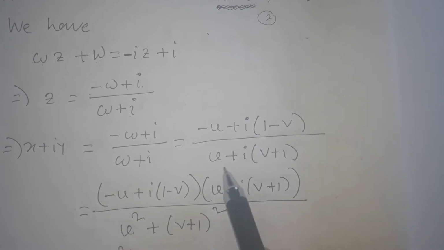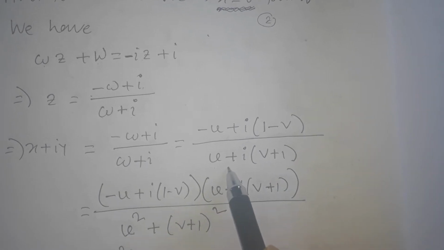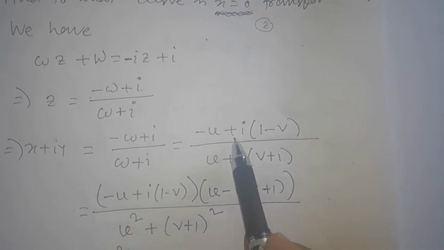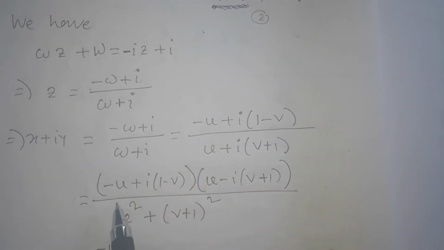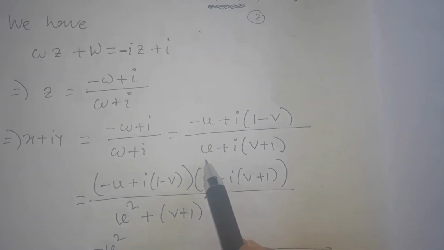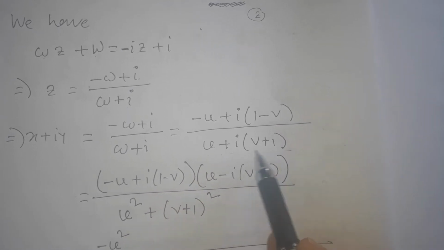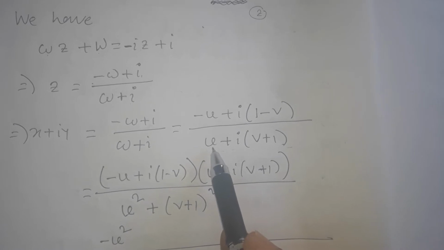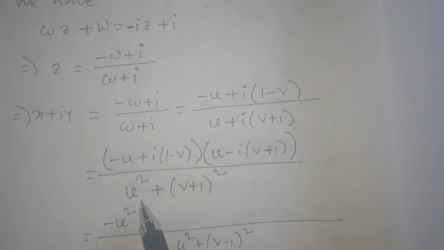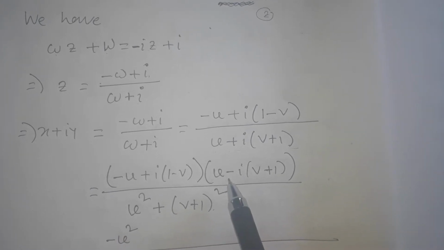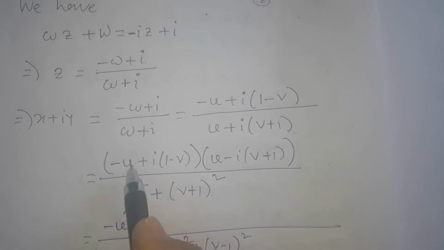What is w? w equals u plus iv, so I can write u plus iv plus 1 over minus u plus i times 1 minus v. We multiply the denominator and numerator by the conjugate of the denominator, u minus iv plus 1, so this is the denominator.